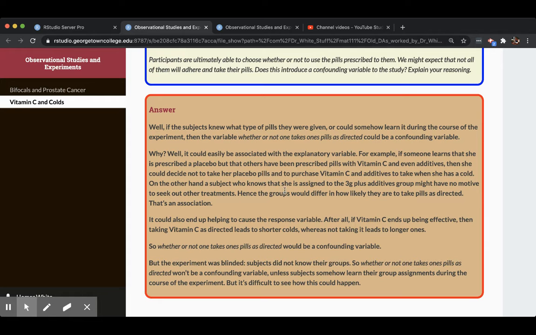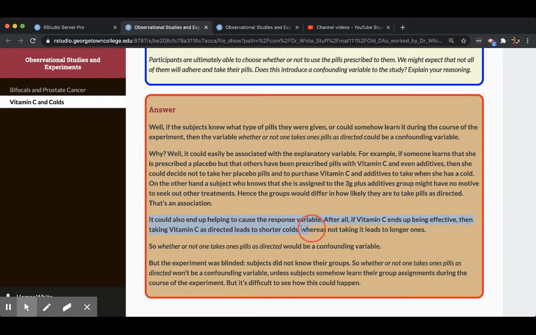On the other hand, a subject who knows that she is assigned to the 3 grams plus additives group wouldn't have any motive to go out and purchase other treatments. So she would have more motive to just take pills as directed. So then the two groups would differ in how likely they are to take pills as directed. And so you would get an association between whether or not you do what's directed and what group you're in.